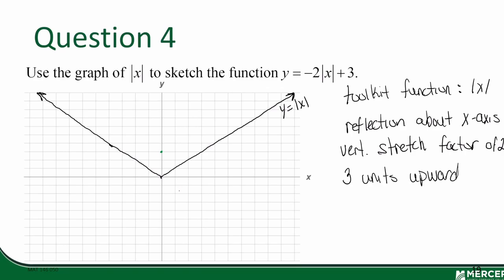One. So it's going to have to go through there. Oh, and by the way, it also means it's going to have to go through there, because -1 is going to do the same thing. 2, -4, and then add 3.